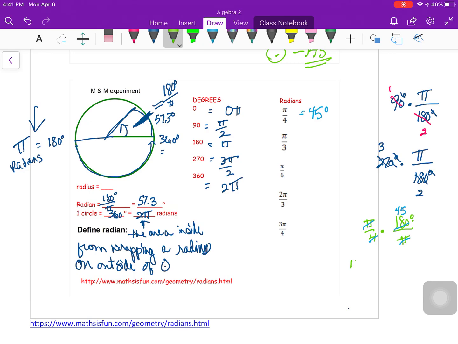Let's try pi over 3. Again, I want the pi in the denominator, so the 180 degrees is in the numerator. The pi's reduce, the 3 and the 180 reduce, and I get 60 degrees. Let's try pi over 6.